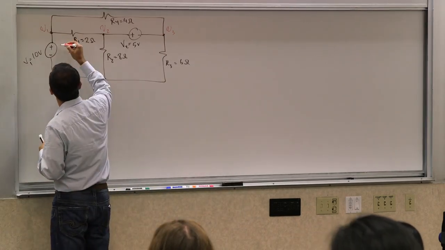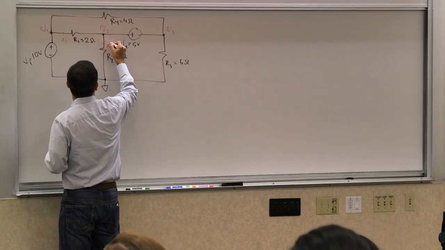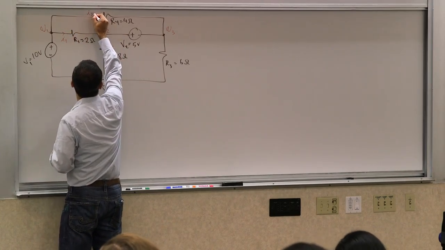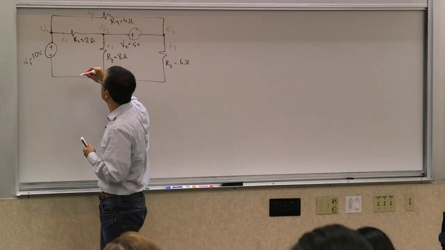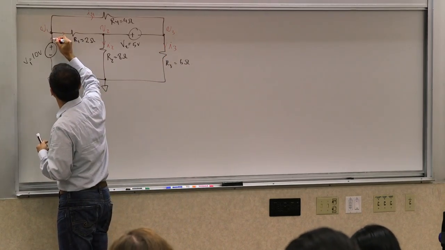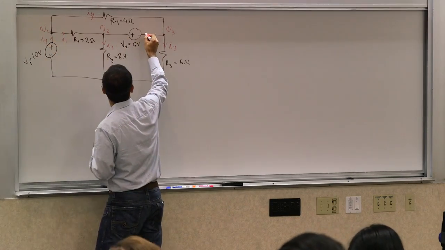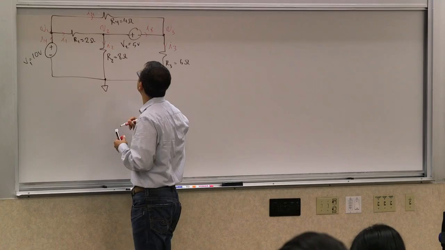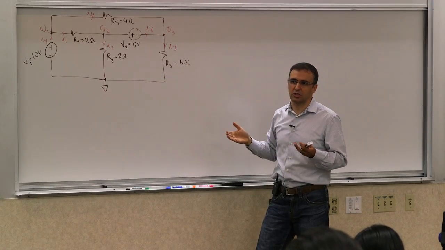So let's define this current as I1, I2, I4, I3, and then we should call these IY and IX. So those are all the currents.